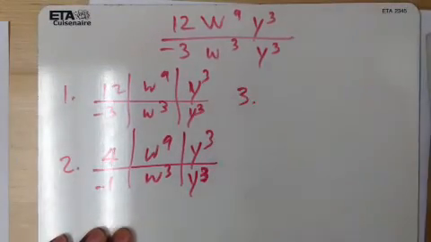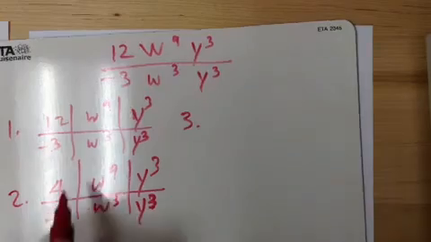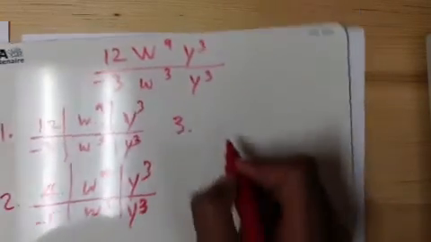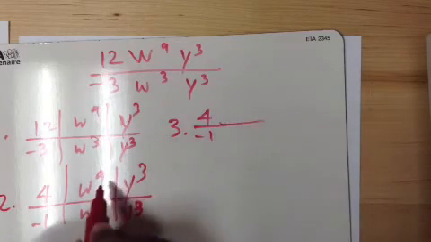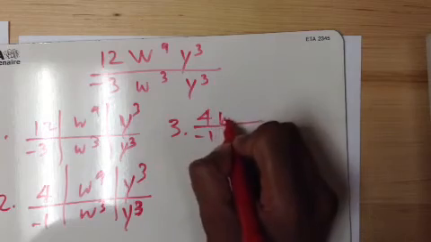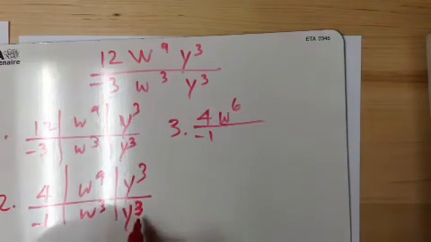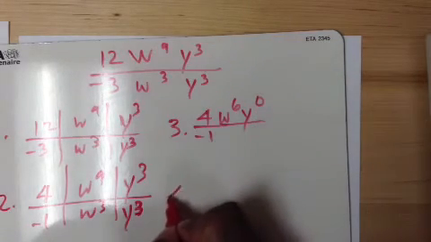For step 3, subtract the exponents. So I remain with my coefficients as the same, 4 over negative 1. They are simplified. 9 minus 3 will give me 6. Y, 3 minus 3 will give me 0.